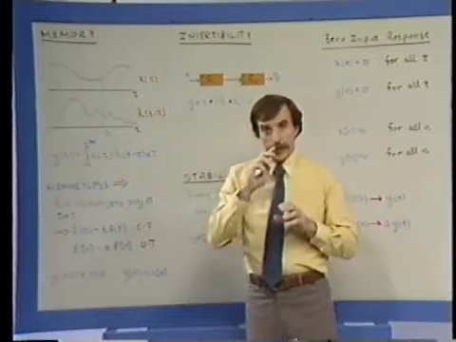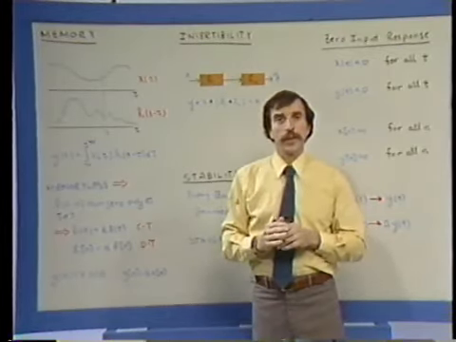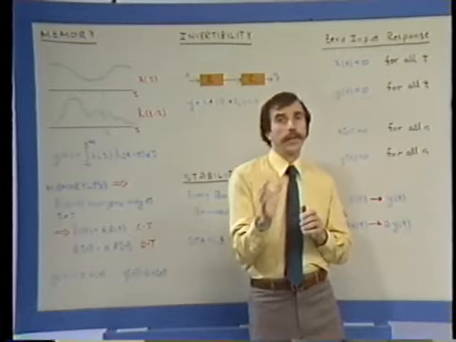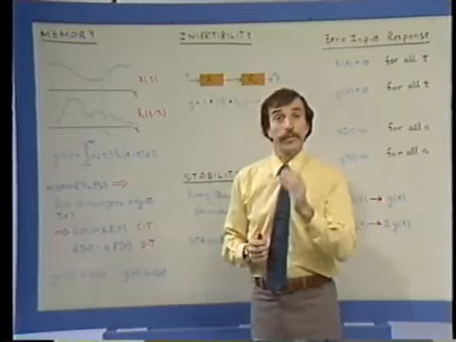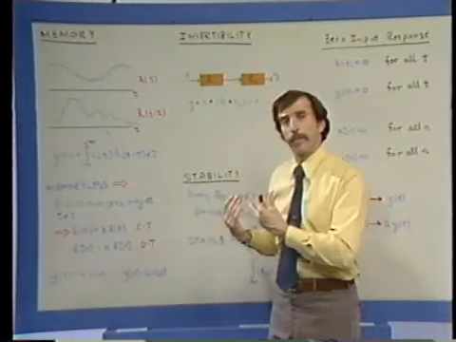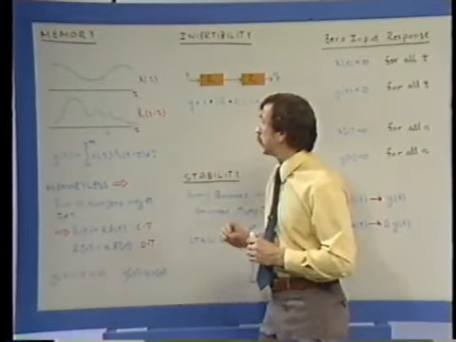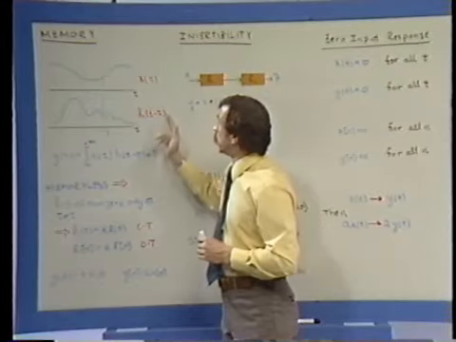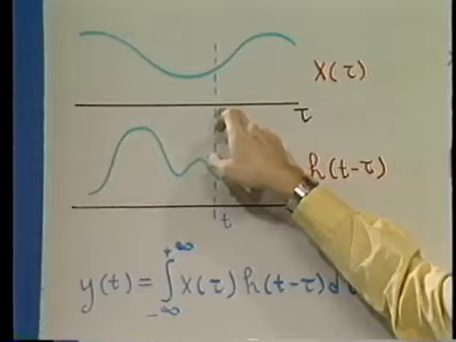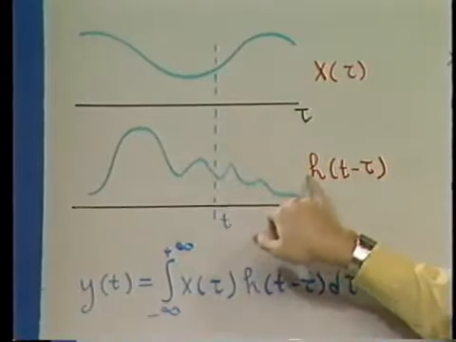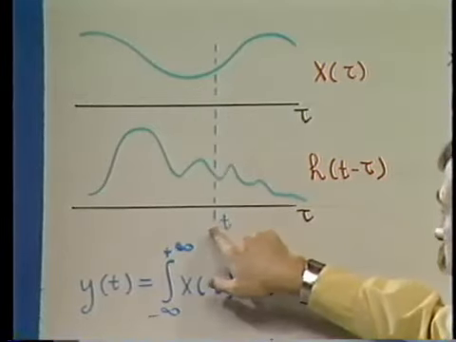So the question then is, what can we say about h of t, the impulse response, in order to guarantee, let's say, that the output depends only on the input at time t? Well, it's pretty much obvious from looking at the graphs. If we only want the output to depend on x of tau at tau equals t, then h of t minus tau better be non-zero only at tau equals t.